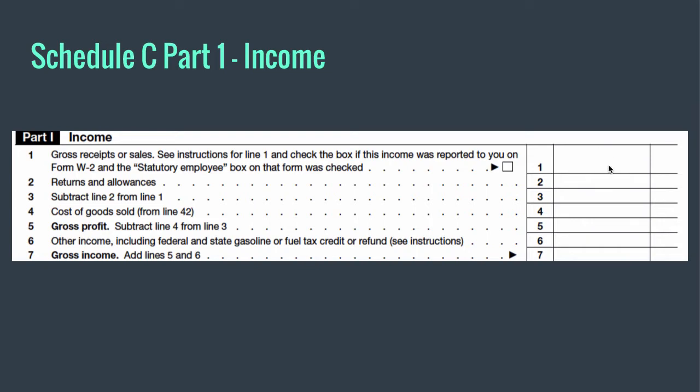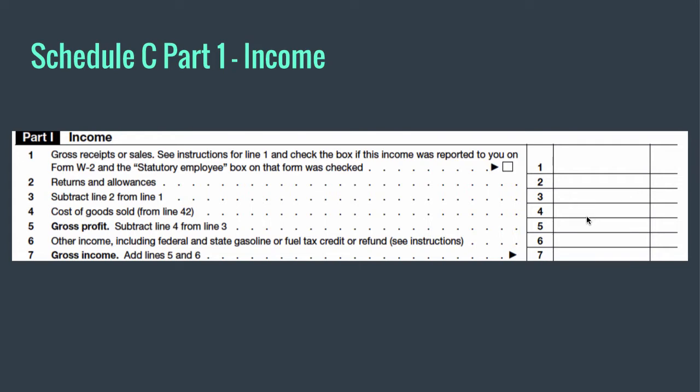Because if this amount is less than what was reported as being paid to you on a 1099, then there's going to be issues. The next line is if people returned product or you gave a refund, then you're going to get that back out. And the cost of goods sold is going to be added here after you do calculations in another section.